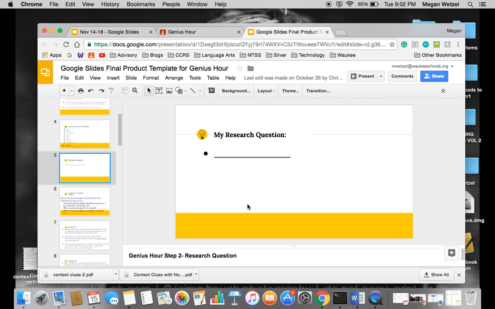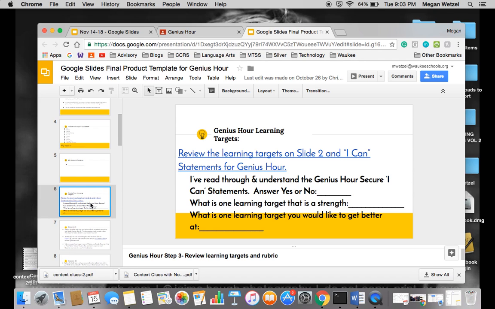The next thing you need to do is type in your research question on slide 5. Slide 6, it says review the learning targets on slide 2 and I can statements for Genius Hour.